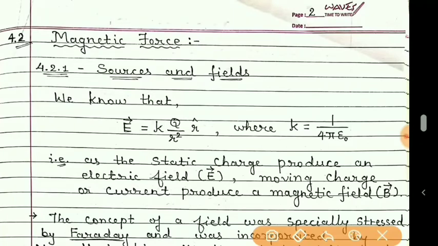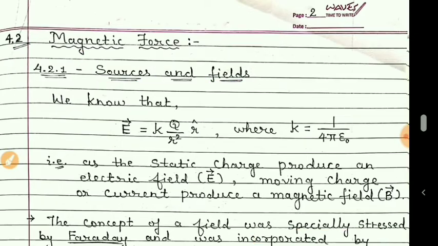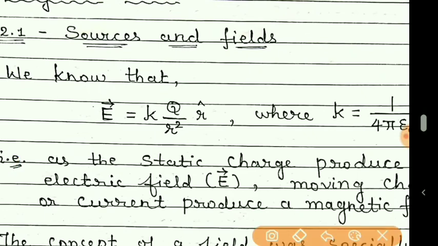Now topic number 4.2, magnetic force. Now students, if there is a source, then there is a field, which we studied in chapter 1. We studied in chapter 1 that an electric field is due to a stationary charge.